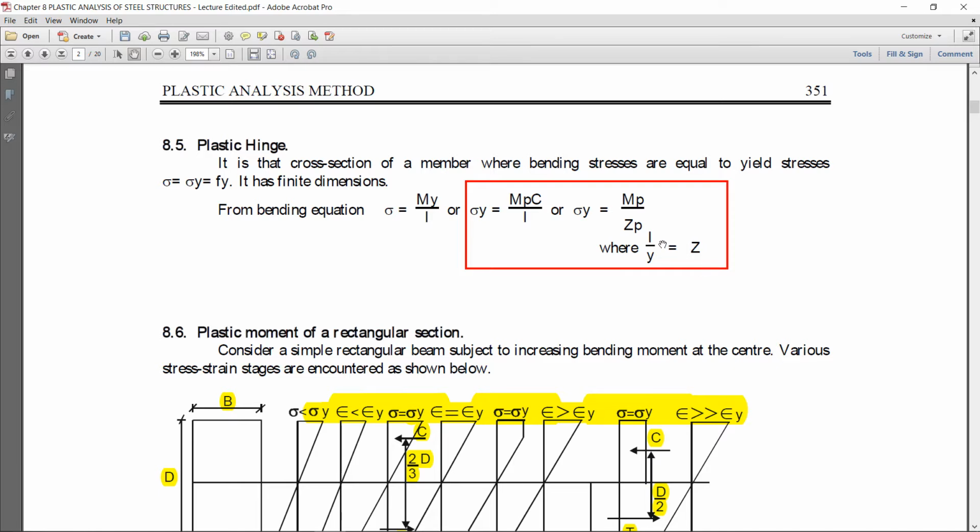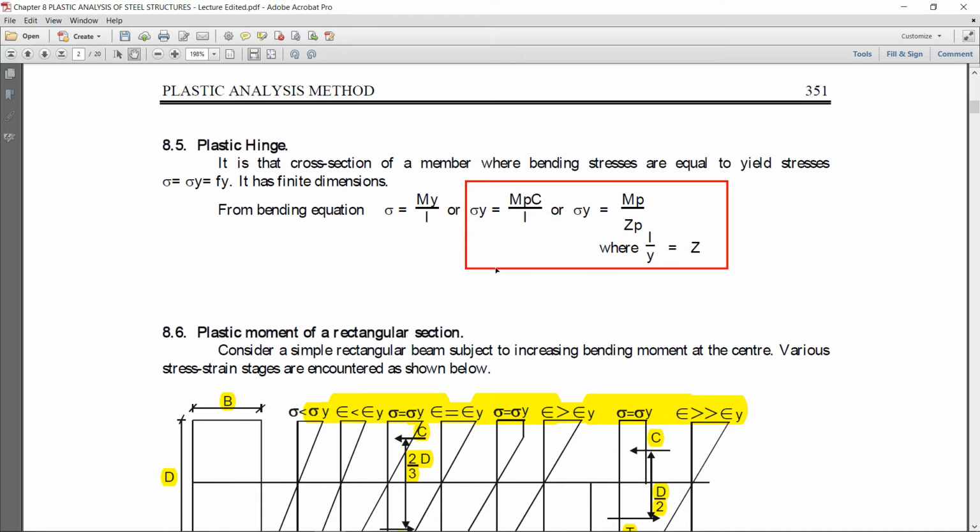If the member is in the elastic range, that is the elastic section modulus. After yielding, that is called the plastic section modulus. When the hinge forms, it will definitely go into the plastic range, so that's why Zp. Sigma y will be equal to Mp over Zp. That is the same formula of bending, just a little change.